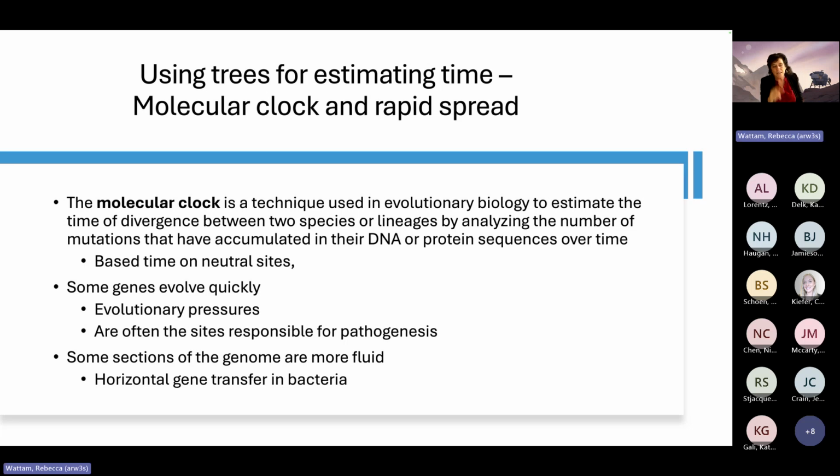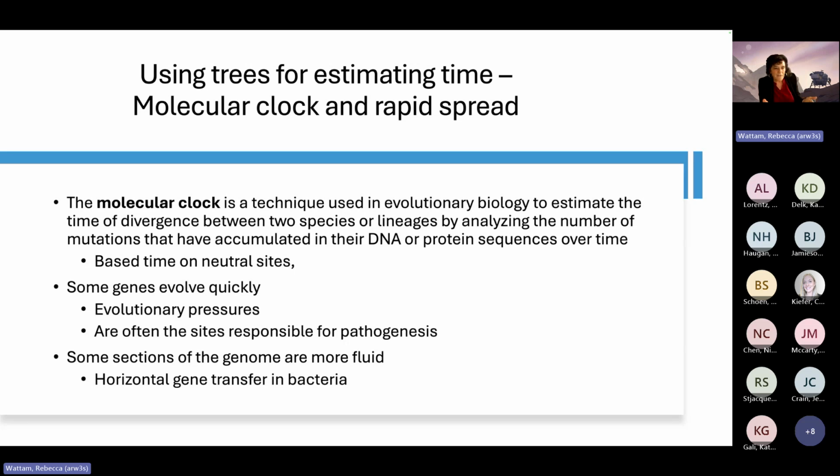And some of these genes, the genes that are being directly exposed to, like the host immune system, if you're a bacteria or a virus, that's an extreme evolutionary pressure, and those things are often mutating more rapidly than, say, some genes or some intergenic region somewhere else in the genome.